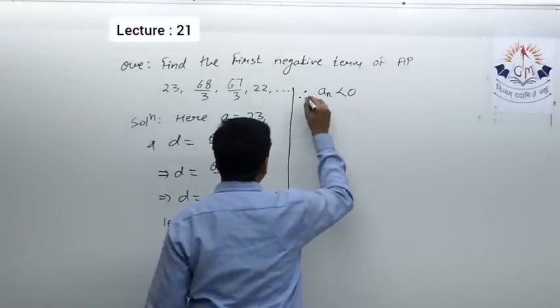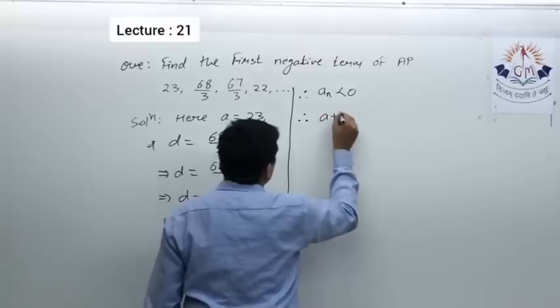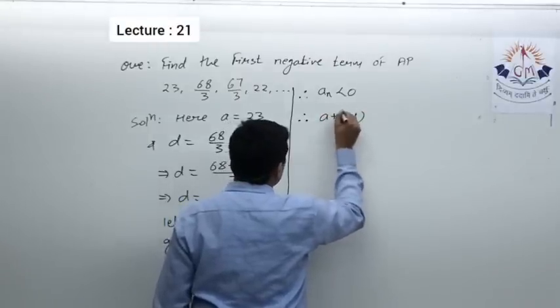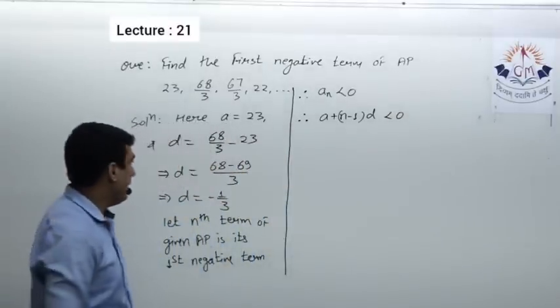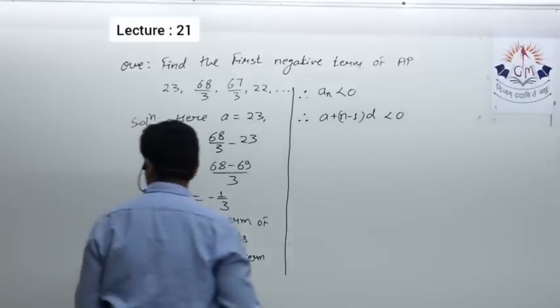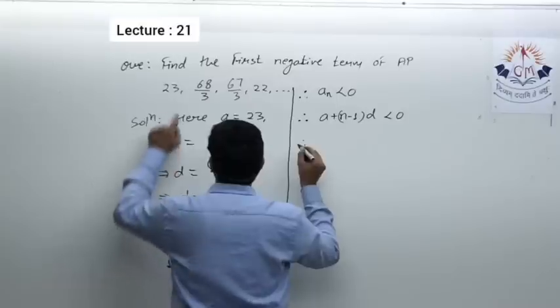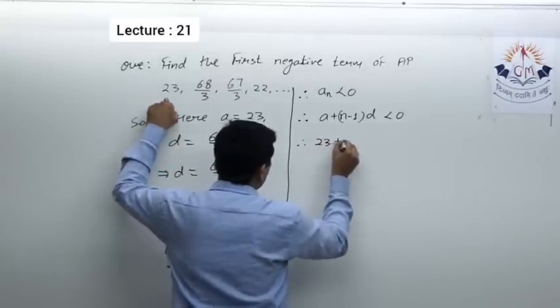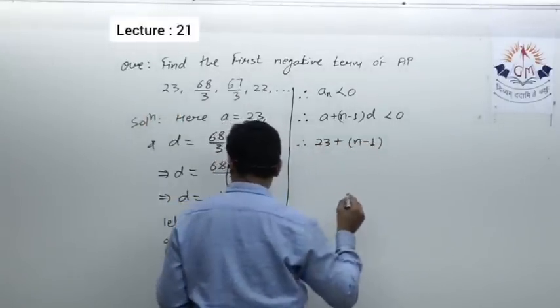Okay, now as an is less than 0, so here a plus n minus 1 into d must be less than 0, isn't it? a plus (n minus 1) d is less than 0. Now what is a? 23. What is n? That we have to find. What is d? Minus 1 by 3.